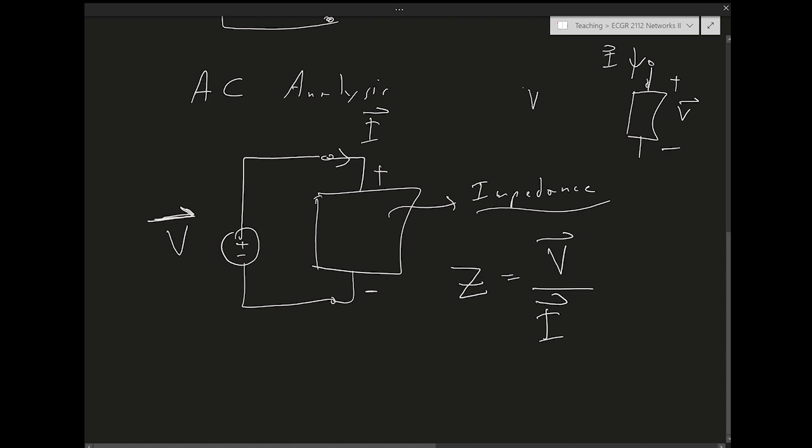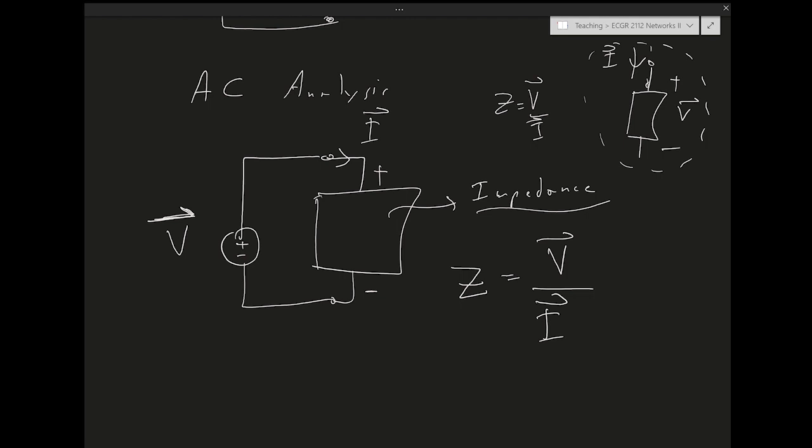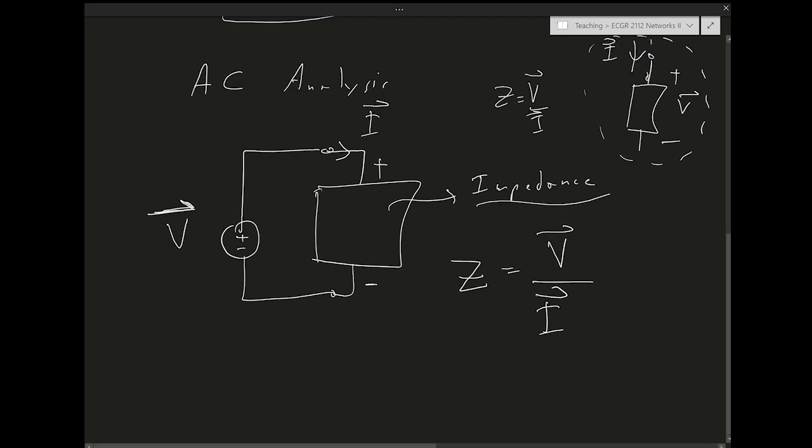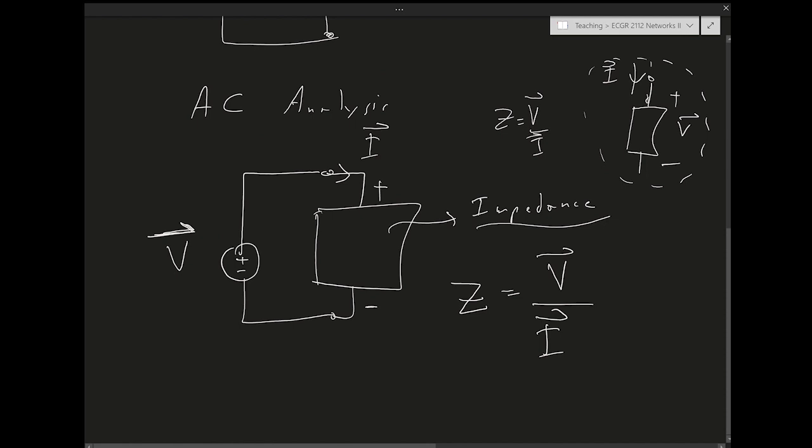So Z equals V over I, and the sign convention needs to follow this form. This is the passive element sign convention. It tells you what direction is the positive convention for a positive current, and what the relationship is, as far as the signs, between the voltage and the current.